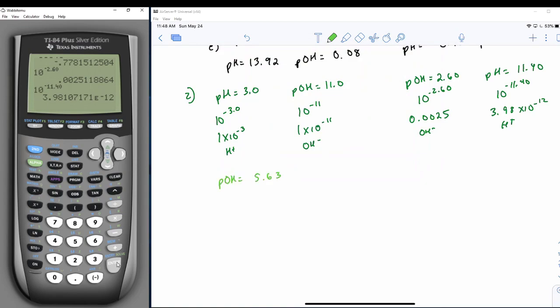pOH is equal to 5.63. pH is then equal to 9.37. So 10 to the negative 5.63, and 10 to the negative 9.37.